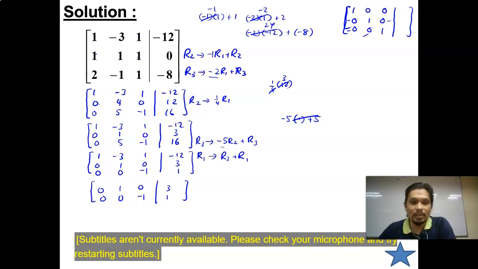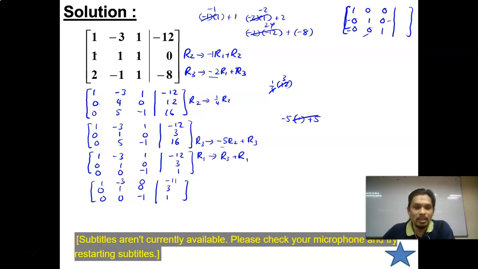R3 plus R1: negative 1 plus 1 is 0. 0 plus negative 3 is negative 3, 0 plus 1 is 1. And then 1 plus negative 12 is negative 11.